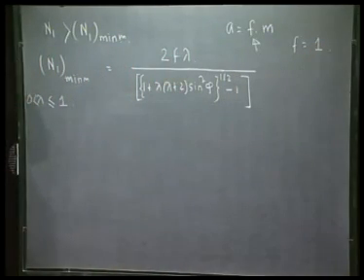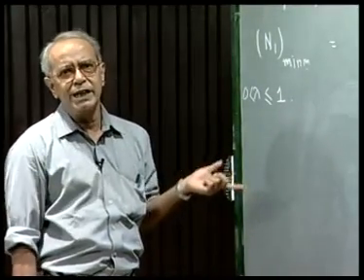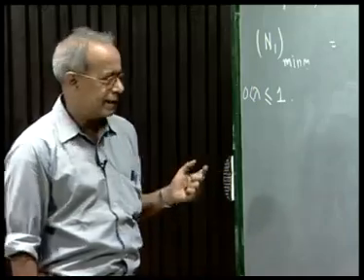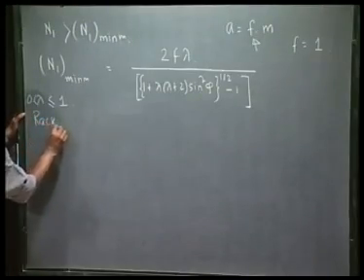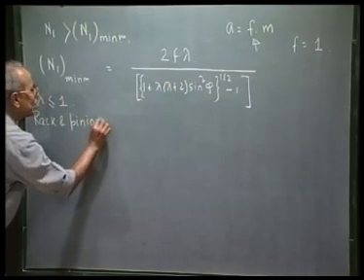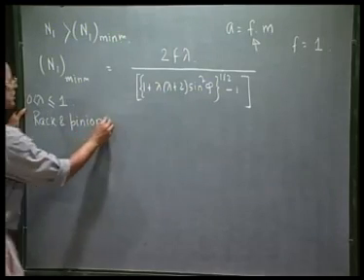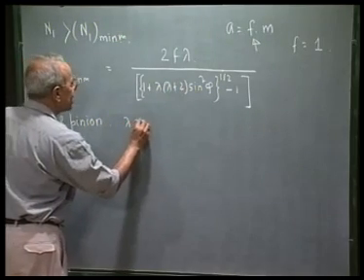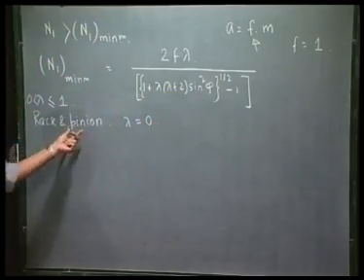From here, let me try to derive the expression for the minimum number of teeth that must be there on the pinion while it is in contact with a rack. For rack and pinion, what must be the minimum number of teeth on the pinion to avoid interference? For rack and pinion, as we see, lambda is 0, because the angular velocity of the rack is 0.